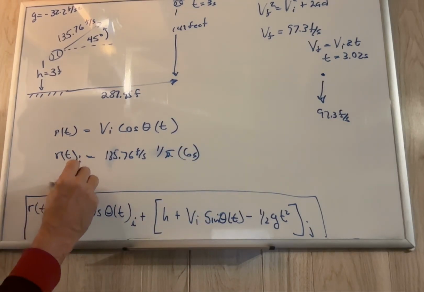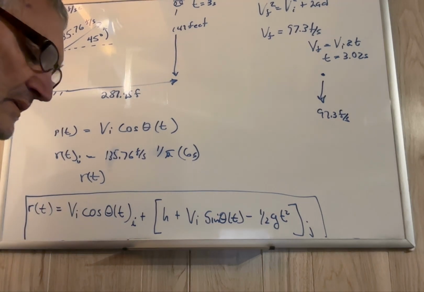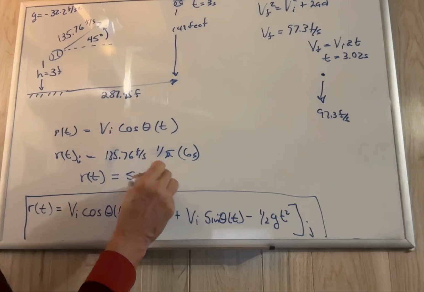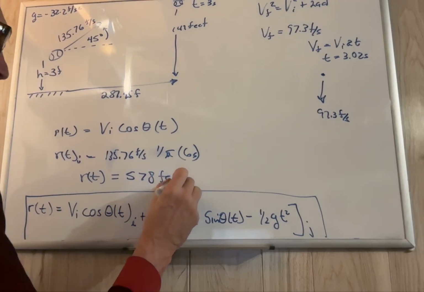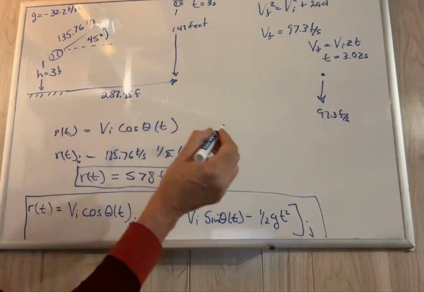And R of T ends up being 578 feet. Wow. 578 feet. That's definitely a home run.